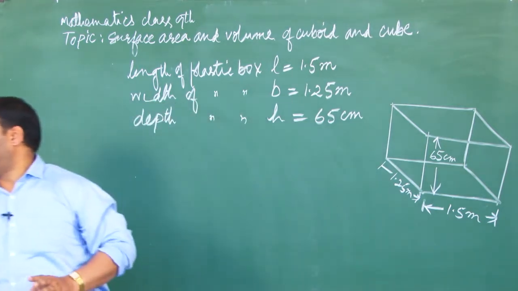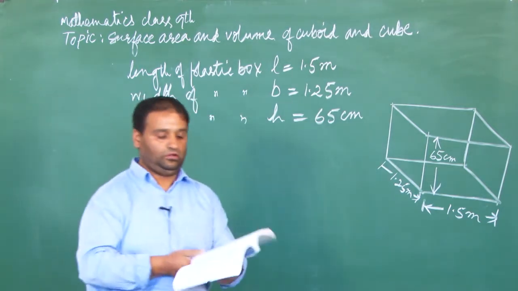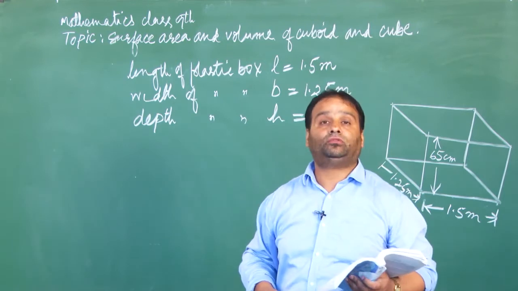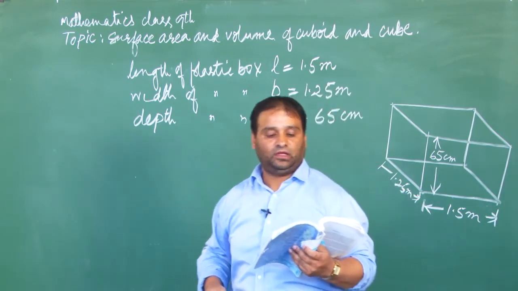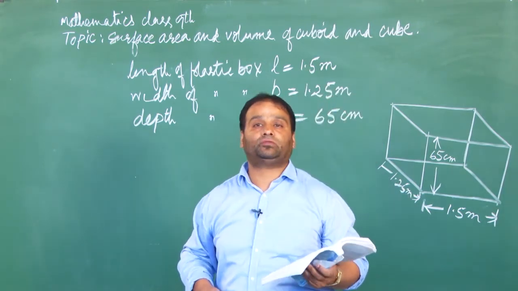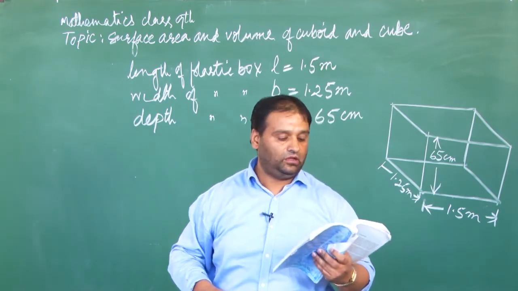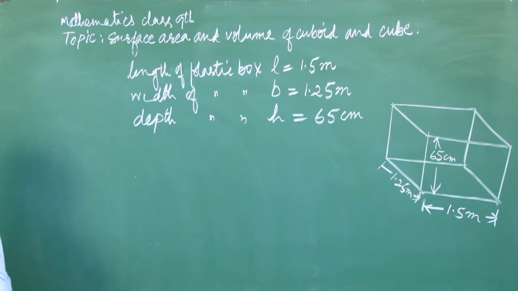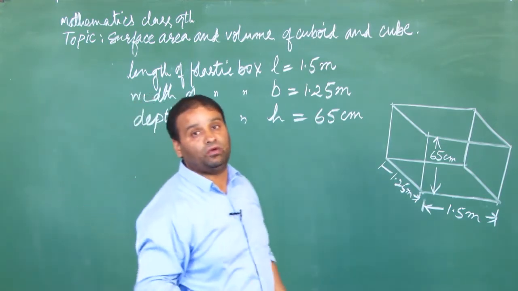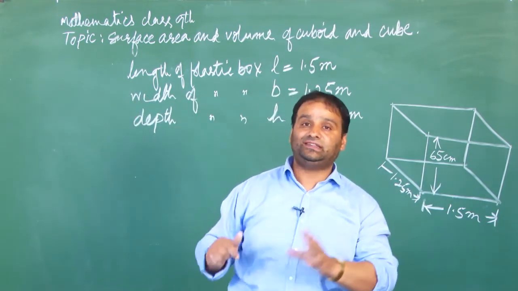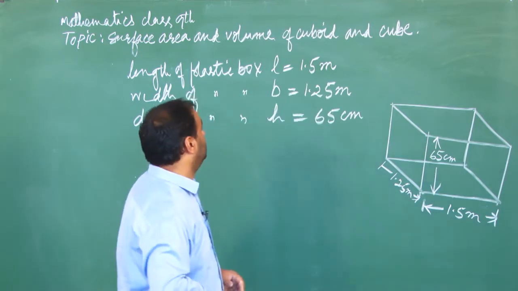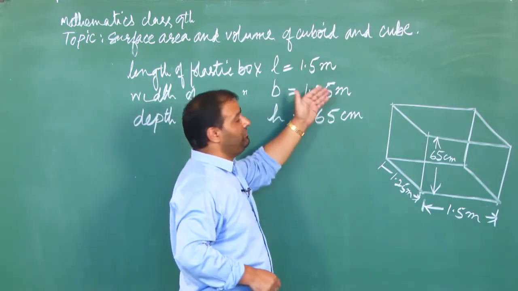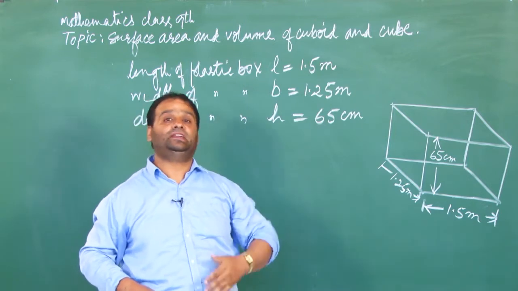But if you look at the second part of the question, you will see that the cost of sheet for it, if a sheet measuring 1 meter square costs rupees 20, that means the cost of the sheet has been given in meter square. So, it is necessary for us that the units should remain in meters rather than centimeters.